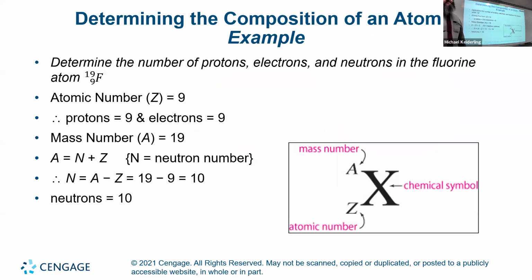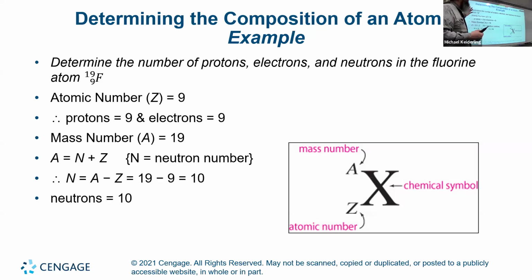And if we want to determine the composition of an atom, we can determine the number of protons, electrons, and neutrons in, say, a fluorine-19 atom. The atomic number is 9, so there are 9 protons and 9 electrons. The mass number is 19. So that's the total of protons and neutrons. So 19 minus 9 means there are 10 neutrons.